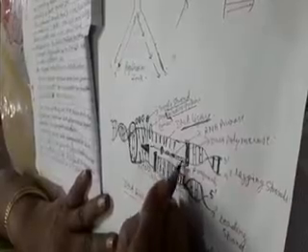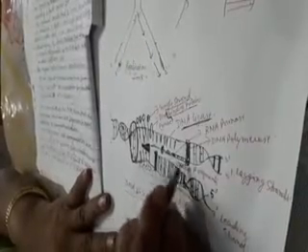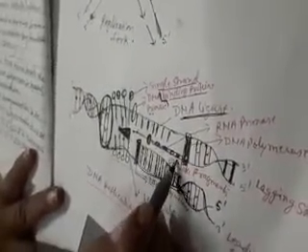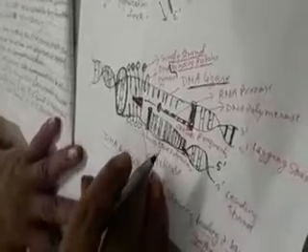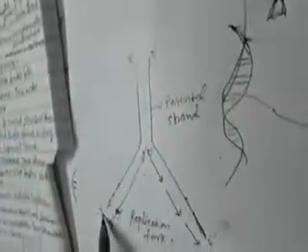The RNA primers are replicated in 5 to 3 direction.